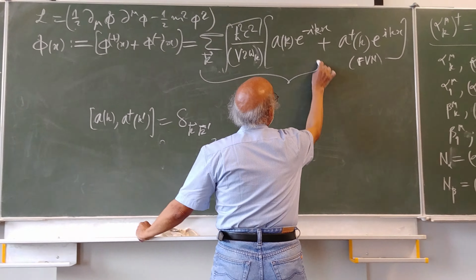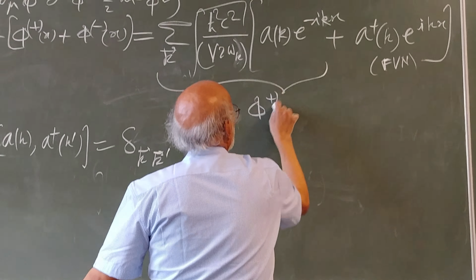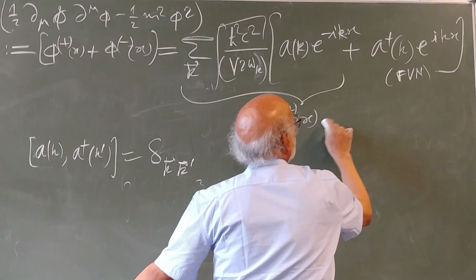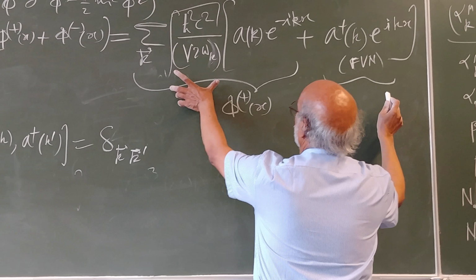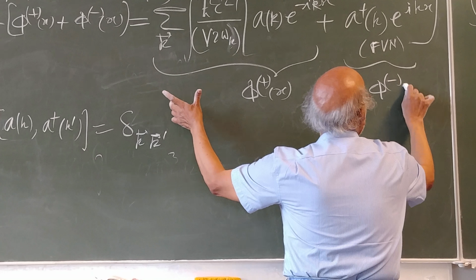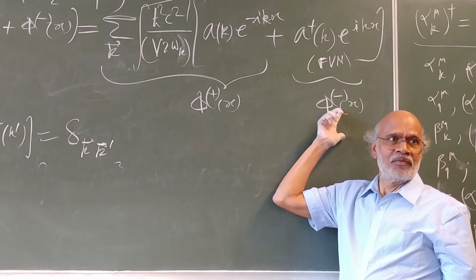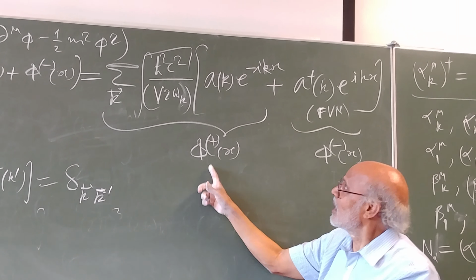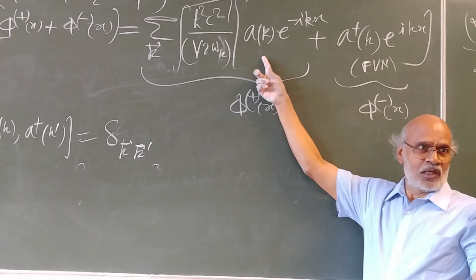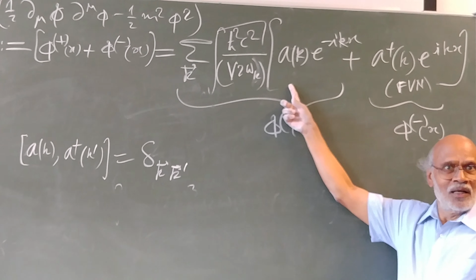So here you see this is phi plus of x, and this part multiplied by this would be phi minus of x. So this is the positive frequency part and this is the negative frequency part. So the positive frequency part involves an annihilation operator, right?